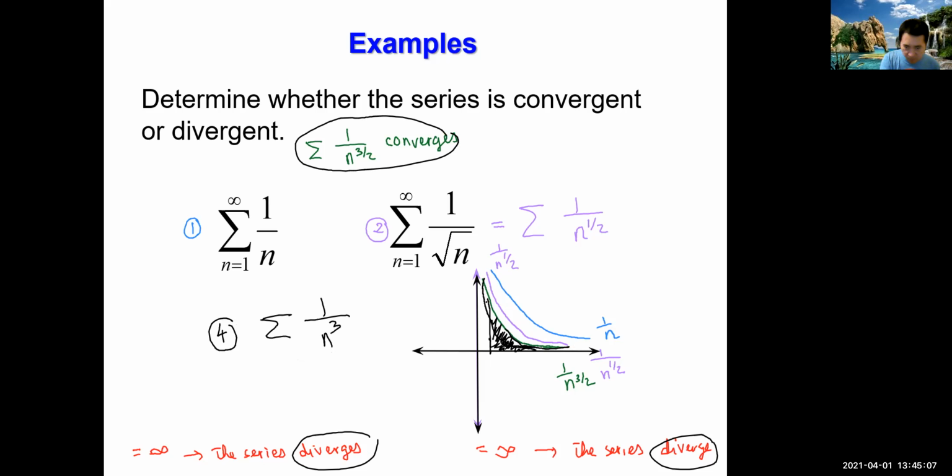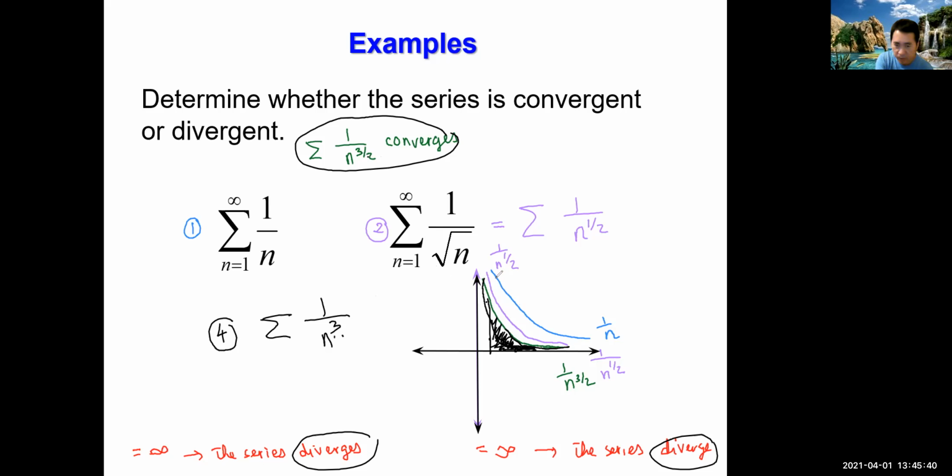So in short, by looking at just the power of these, this 3/2 is 1.5, we can determine whether the series converges or diverges quickly. In fact, the 1 over n, which is the first power, is this purple here. These are the borderline.